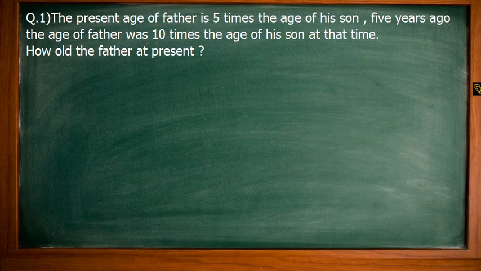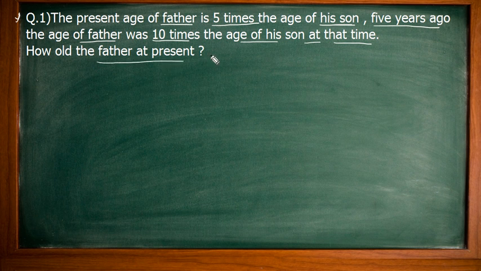Our first problem is based on ratio, on ages. The present age of a father is 5 times the age of his son. 5 years ago, the age of the father was 10 times the age of his son at that time. How old is the father at present?